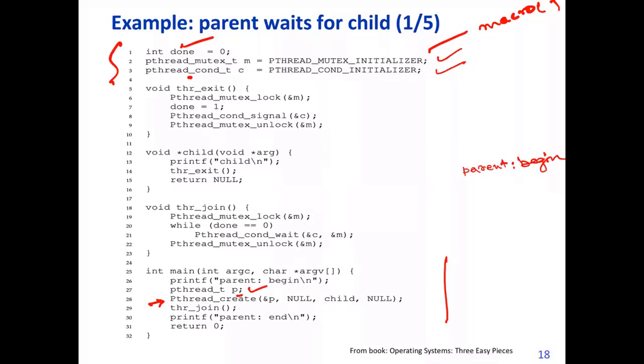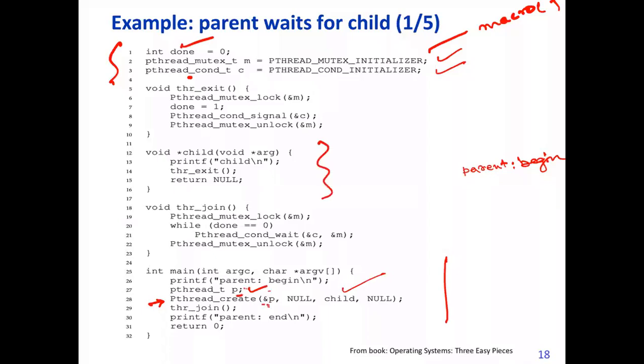Once we execute pthread_create with these arguments, p will get some thread ID. Anyway, it doesn't matter. So it will now create a child. Okay, so now the child is here.